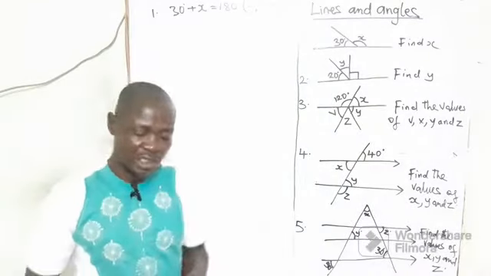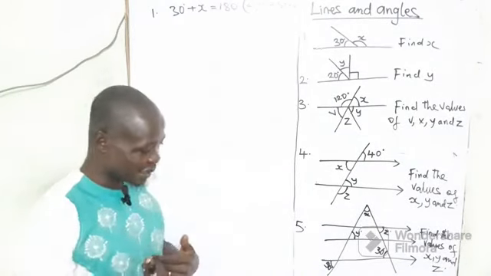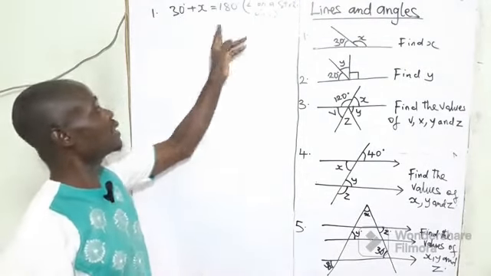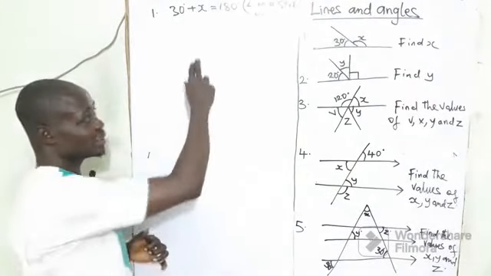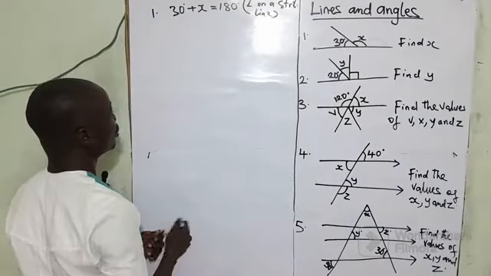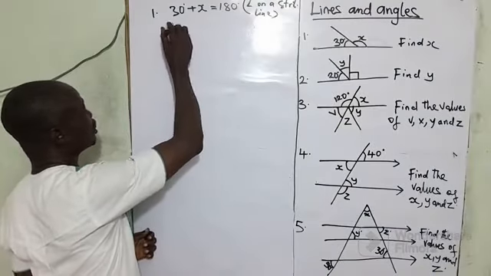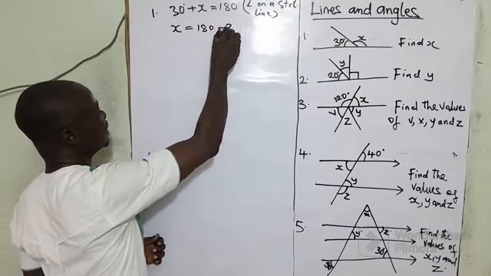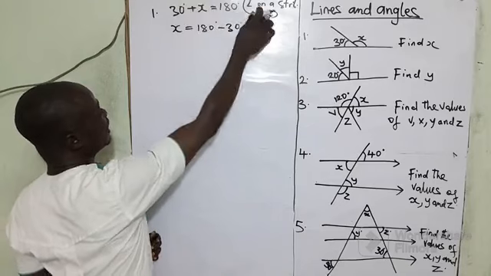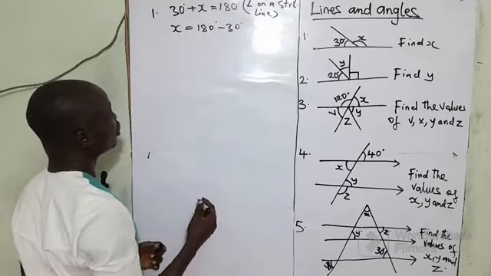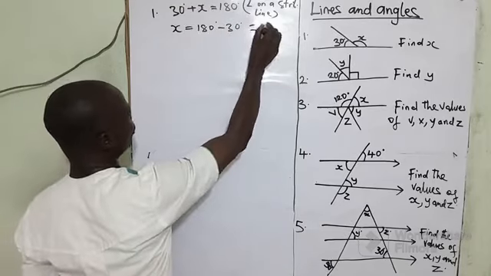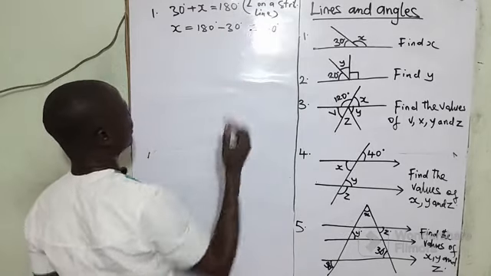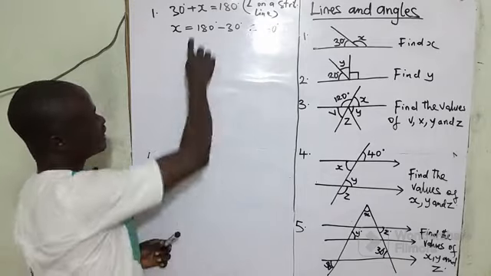In solving this type of mathematics, we are at liberty to give the reasons why we are doing what we are doing. So we collect like terms. We have x is equal to 180 minus 30 degrees. We take 30 to the right hand side and subtract, and that gives us 150 degrees. So x is 150 degrees.